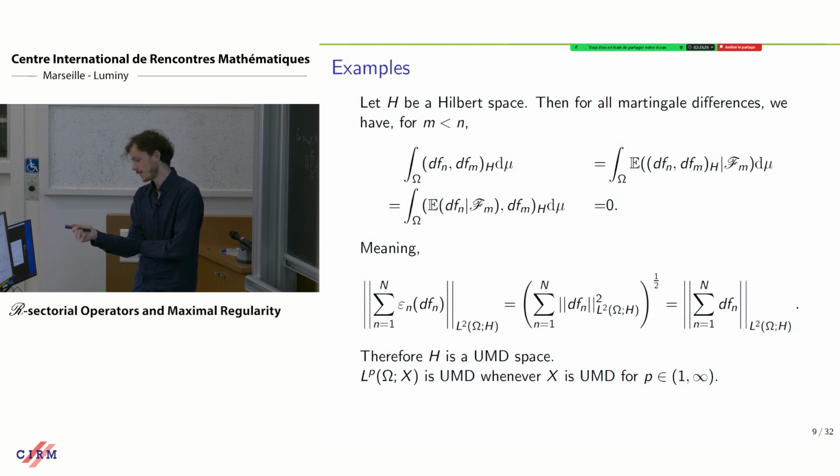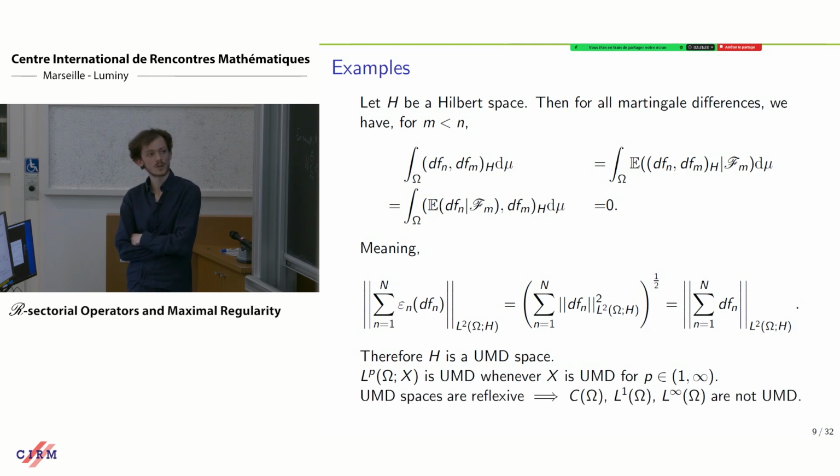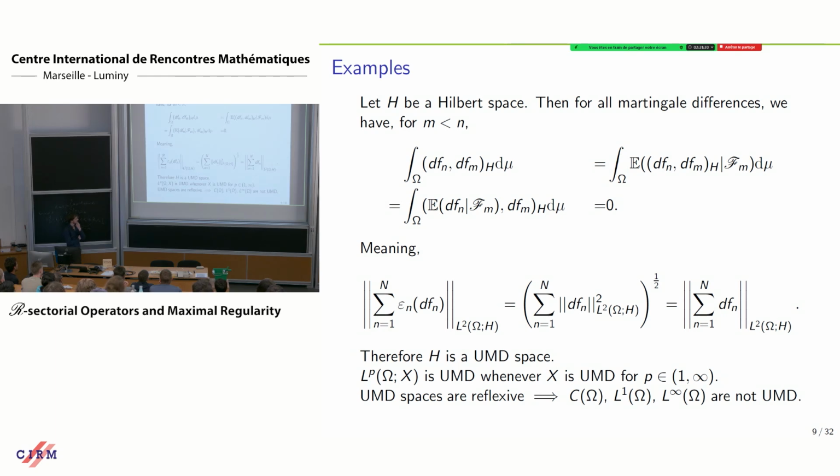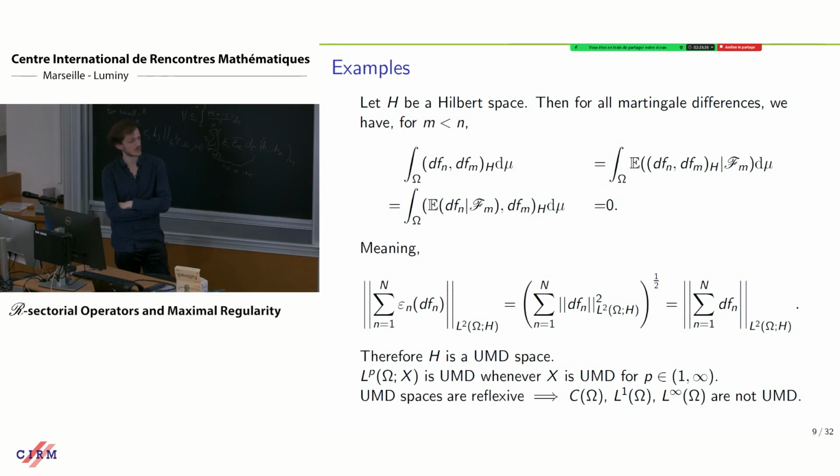And then you have that UMD spaces are reflexive. Here you can prove this by using some alternative characterization of reflexivity to construct some complicated martingales. So then you get an example of spaces that are not UMD.